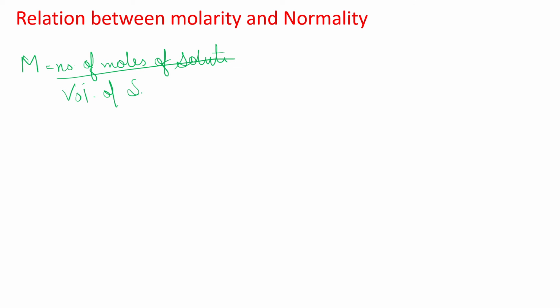Before that, let me again explain what is the relation between molarity and normality. Molarity we defined as capital M, that is number of moles of solute by volume of solution in liter.